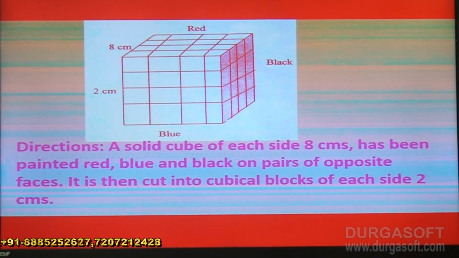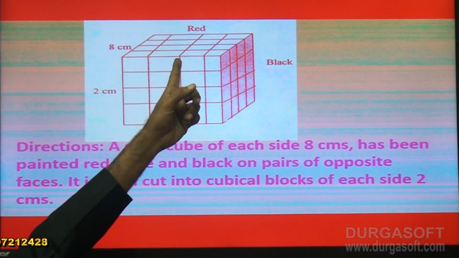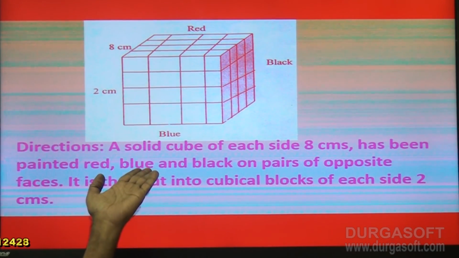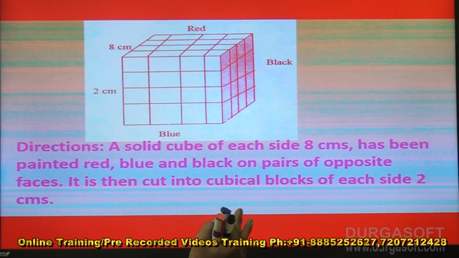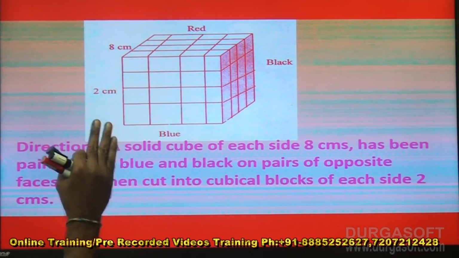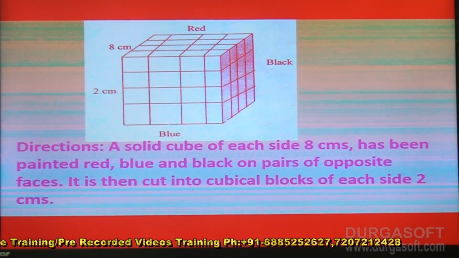Pairs of opposite faces means 3 pairs we get. The pairs of opposite faces are colored from outside. It is a solid. Outside the opposite faces are colored. According to this picture, here the top and the bottom is colored with red and the other 2 side faces are black, and opposite to you and the back side of the cube colored with the blue color.